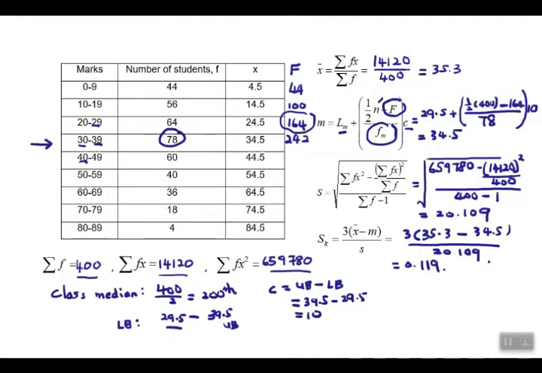How about the distribution of the data? Since the skewness is a positive value, we can say the data is skewed to the right.